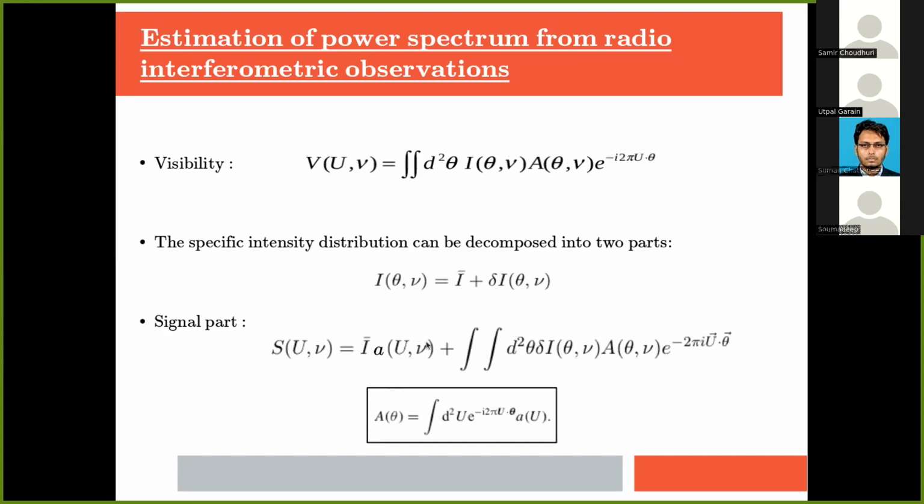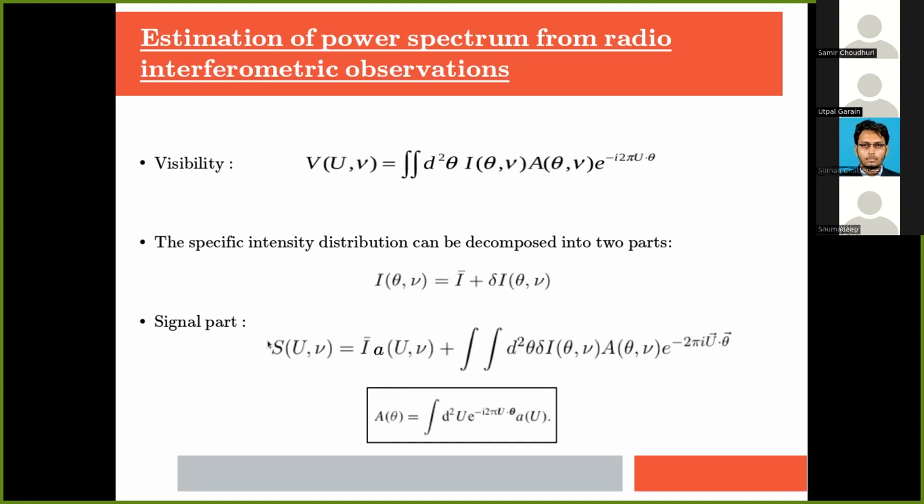Now the primary beam pattern A(theta) actually goes by lambda by the diameter of the telescope, which means that its Fourier transform small a(u, nu) will have an extent of diameter by lambda. So beyond that diameter by lambda distance, it falls off to 0 or a very low value.